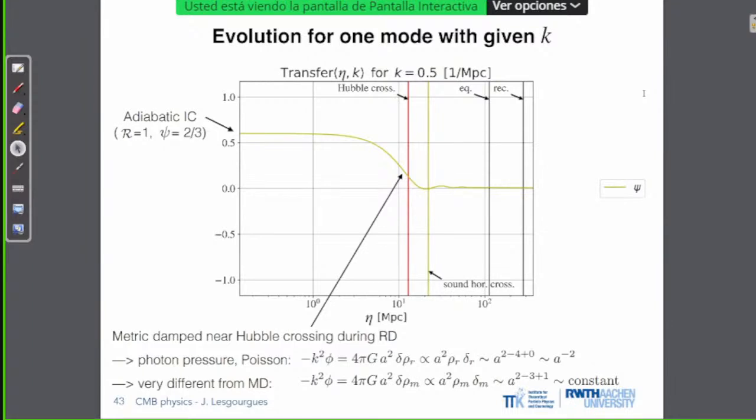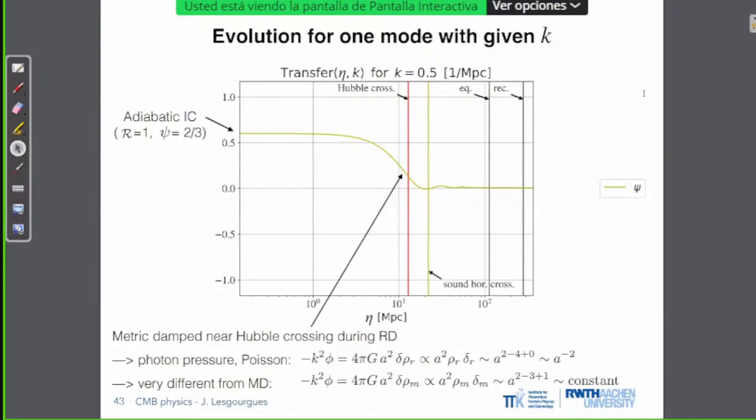We could do everything normalizing r to -3 and compensating by our definition of the power spectrum. It's arbitrary, so we stick to the usual convention. We start from 2/3. We have 0 here, and we see that when the mode approaches the Hubble scales, it decays to 0. So metric fluctuations decay when they approach the Hubble radius during radiation domination.